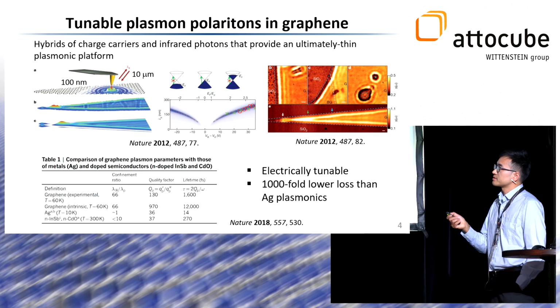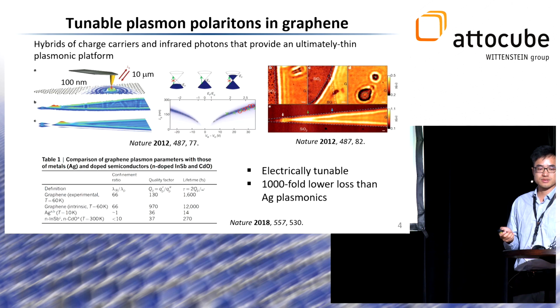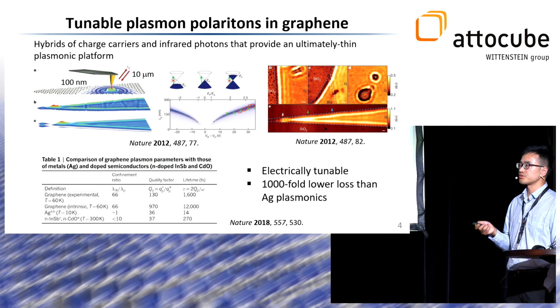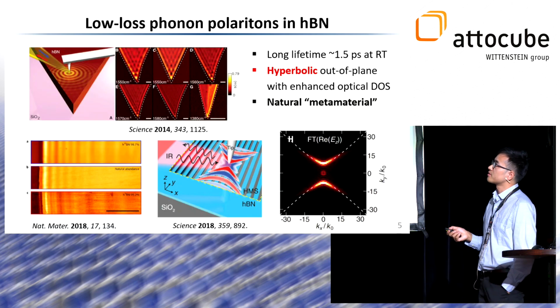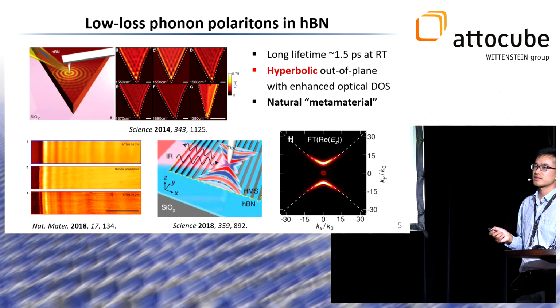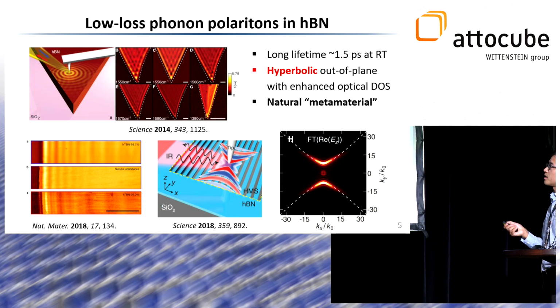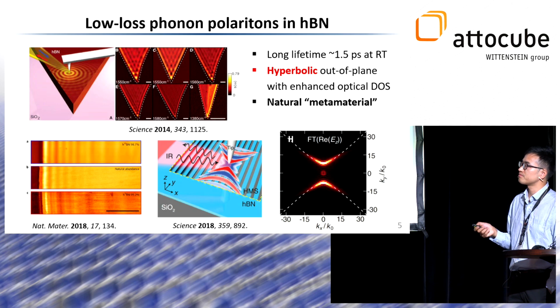And the loss in these natural crystals is also very low compared to metal surfaces or metal plasmonics. The loss can be even lower in phonon polaritons because there is no electronic scattering in phonon polaritons. There is quite a bit of nice work, including isotope doping.